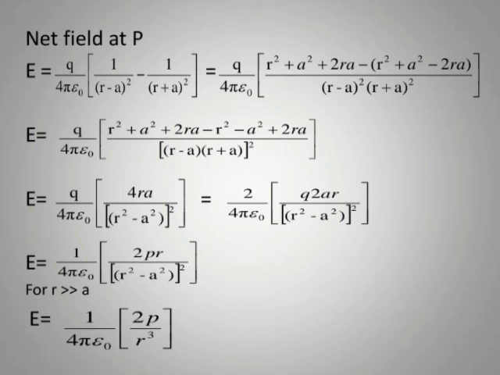What is remaining? 2p, and in the denominator you will have r cube. So the total electric field of the dipole is E equals 1 divided by 4 pi epsilon naught, 2p divided by r cube. This is the formula for the electric field of a dipole on its axis.